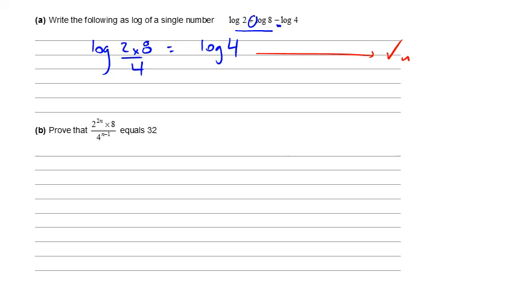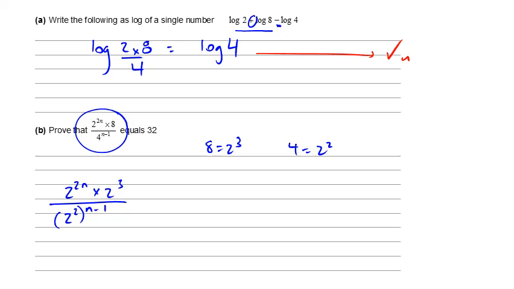Next one, this proof, a little bit trickier to get your head around, but remember, 8 is 2 to the power of 3. 4 is 2 to the power of 2. So this is 2 to the power of 2n times 2 to the power of 3 over 2 to the power of 2, all to the power of n minus 1. Alright?